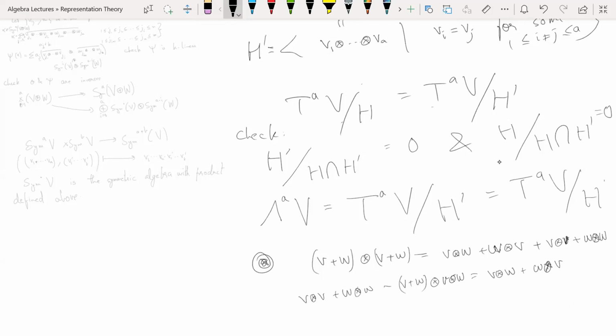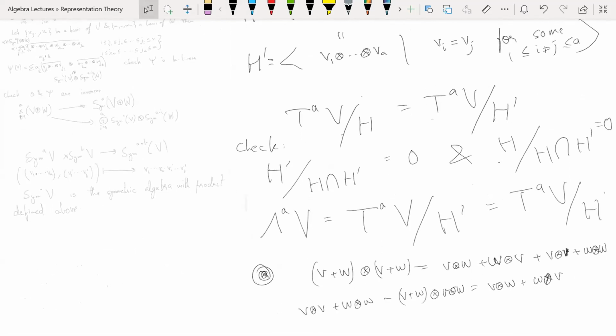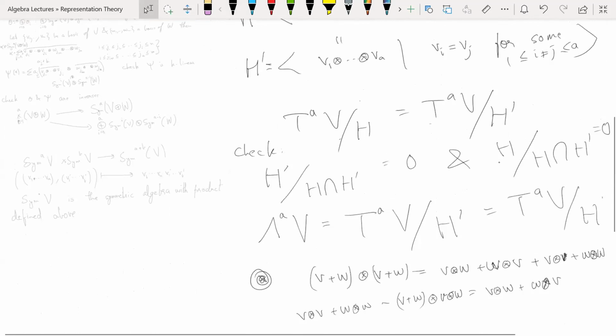Switching the order, if the left hand side is 0, then the right hand side is 0, and the right hand side is precisely the elements of H, and the left hand side are precisely the elements of H prime. And conversely. So that's how you show that the two subspaces are the same.